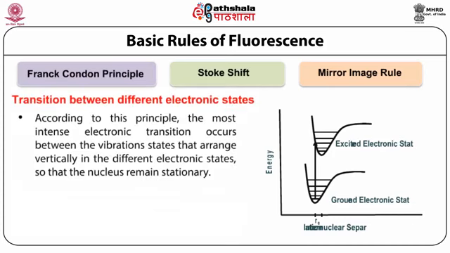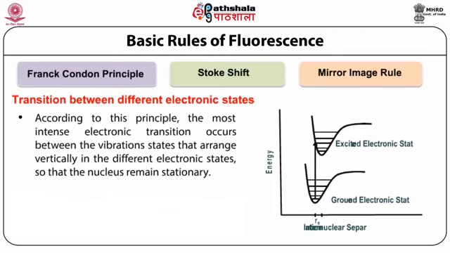So according to this principle, the most intense electronic transition occurs between the vibration states that arrange vertically in the different electronic state, so that the nucleus remains stationary.